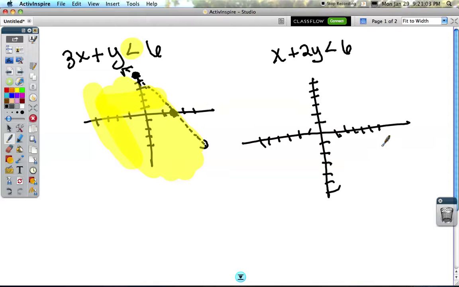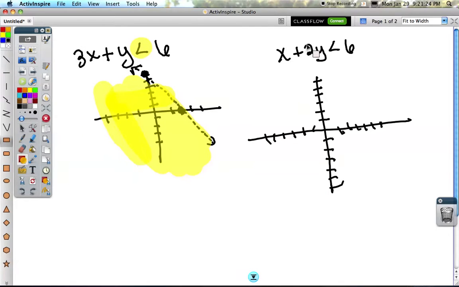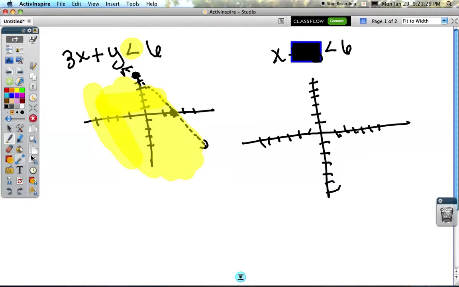Okay, so I can solve for y if you want to do that. I can move the x over, I can divide by 2. But I think if you'll really get used to using the x and y intercepts, it's much quicker. Okay, so if I'm wanting to put a dot on the x, then my y is 0, so that cancels out.